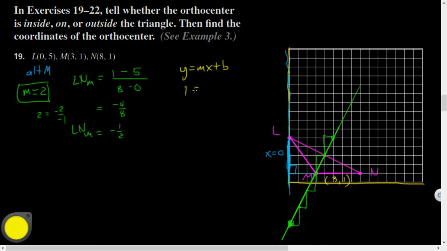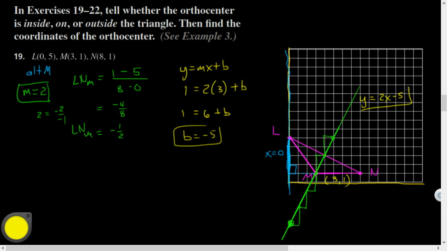I'll plug in 1 for y, 2 for m, 3 for x, and I'll solve for b. So plug in what I know, solve for what I don't. We've done this before. Subtract 6 from both sides, I get b equals -5. So between this slope and that y-intercept, the equation of the green line is y equals 2x minus 5.